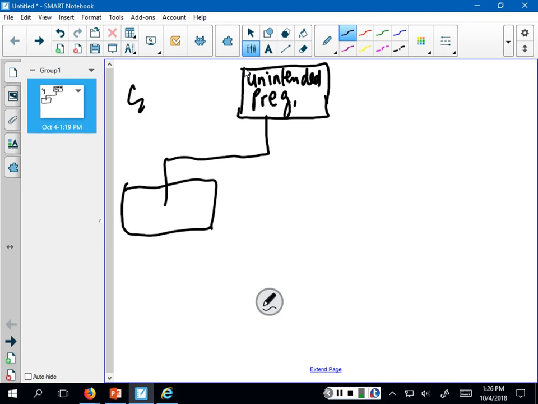What will access to contraceptives impact? The easier it is to access contraceptives, it will decrease the rate of unintended pregnancy. The easier it is to access contraceptives, the more likely people are to use them, right?